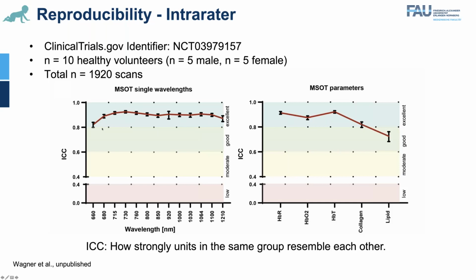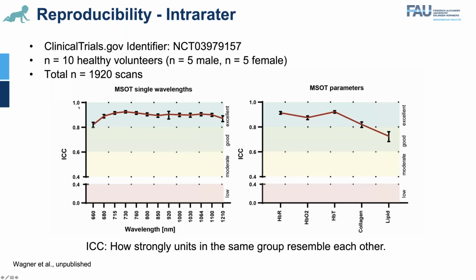This is a measure of how good a diagnostic tool could work, and we calculated this over each single wavelength for the scan in the muscles. And as you can see here, you have different grading for the precision of such a measurement, or how good it is. And you have the degree of excellence, which is between 0.8 and 1.